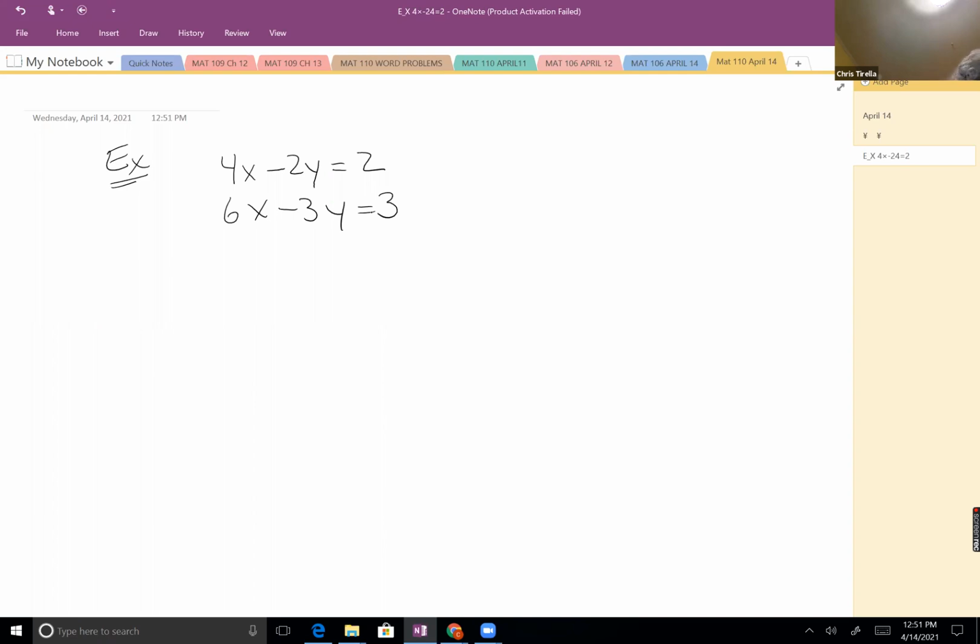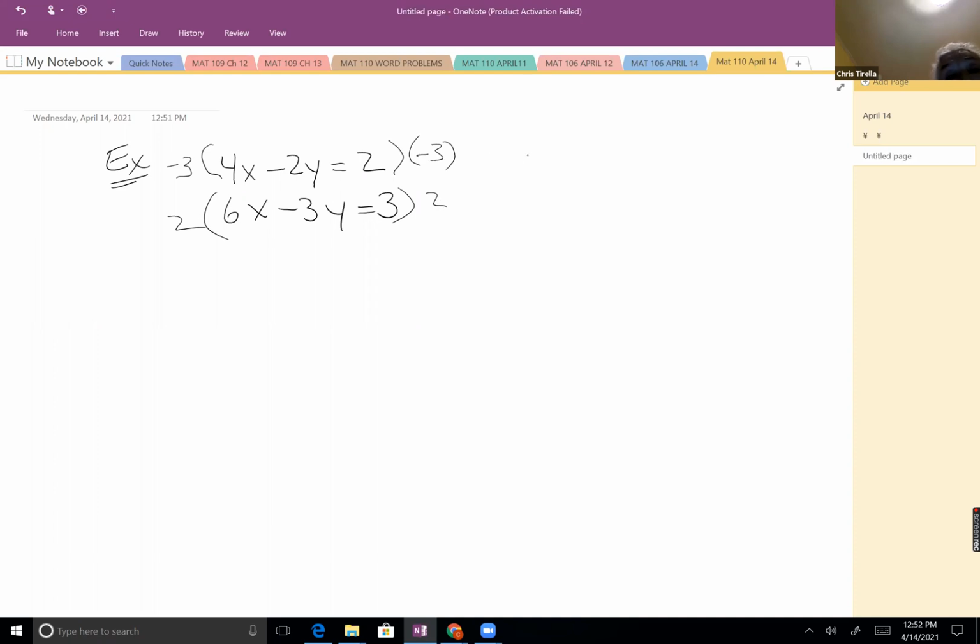Do you guys want to use substitution or elimination? Elimination. Elimination is, let's get rid of the y's. The numbers are a little bit smaller. This first one, let's multiply both sides by -3. The second one, let's multiply both sides by 2.